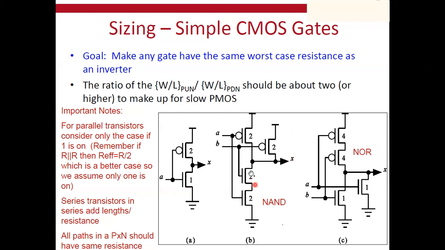However, here we have two of them connected in series, which means that the overall length is double. So in order to make an equivalent of 1, you have to have 2 here and 2 here. So this will be 2W over 2L, and this will be 2W over 2L.